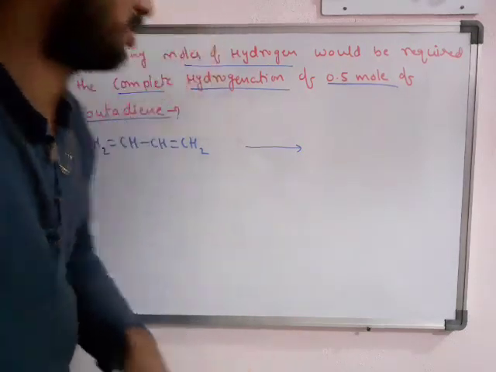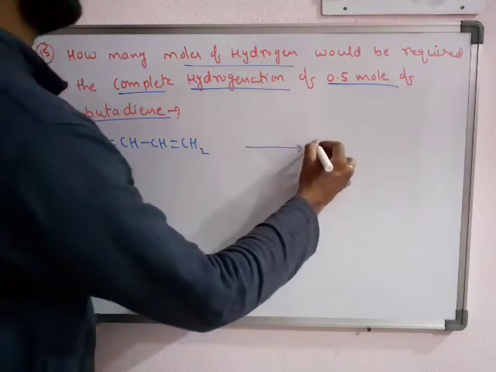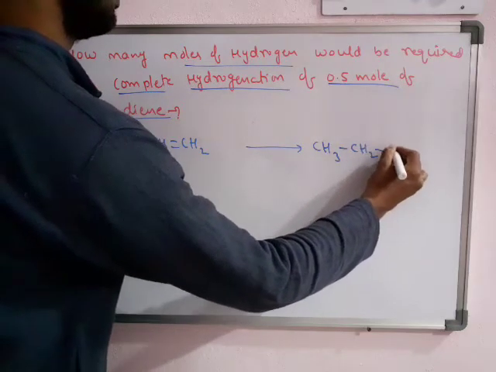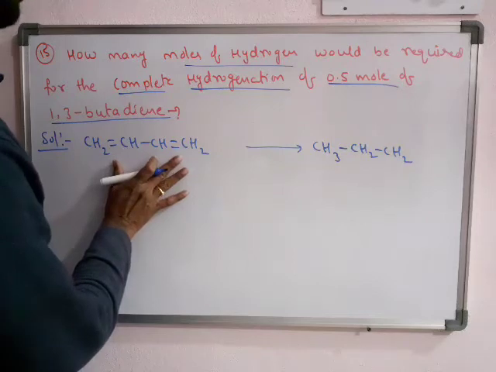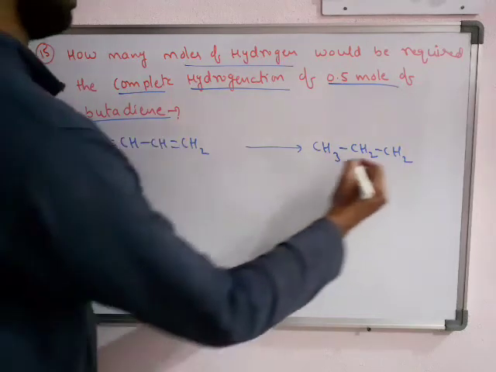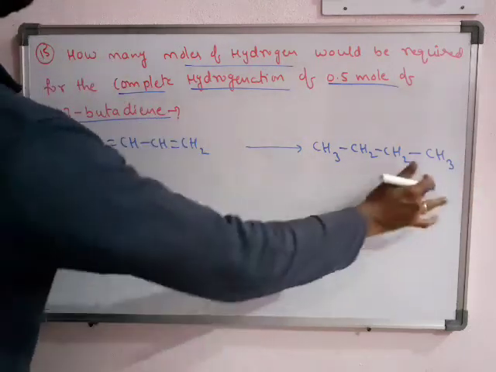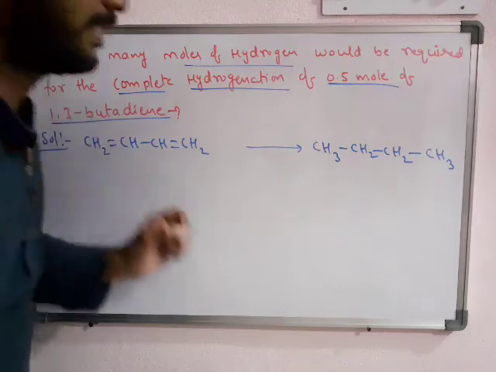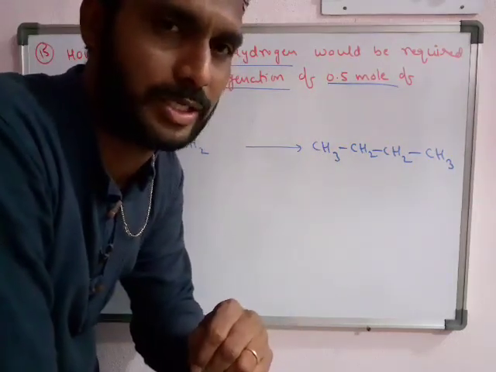So on complete hydrogenation all double bonds become single bonds, and each carbon must have 4 sigma bonds around it.